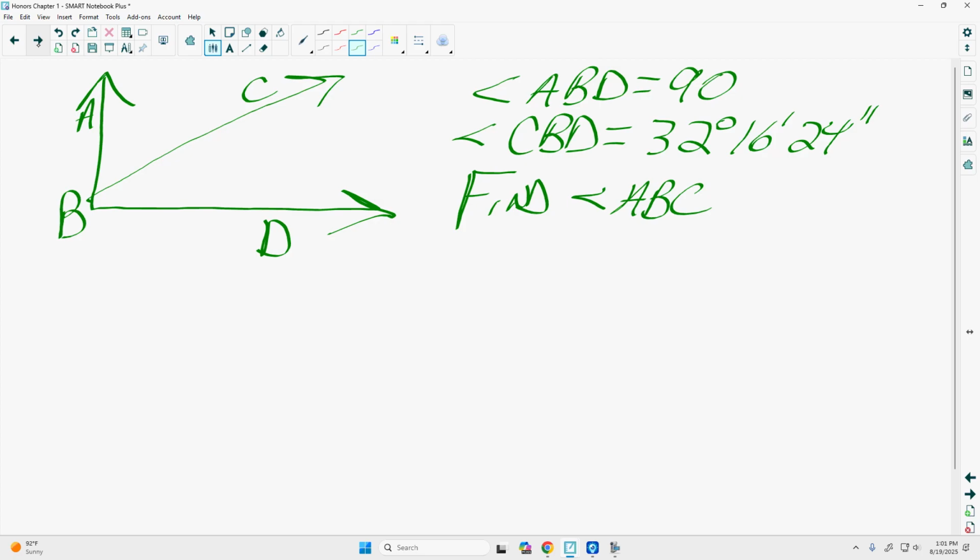I think on the directions of the homework problem, it's going to say that the angle is a right angle. But in your brain, you should think, oh, that's 90. If it says it's a right angle, that just means 90 degrees. So that means that this angle right here is 90.